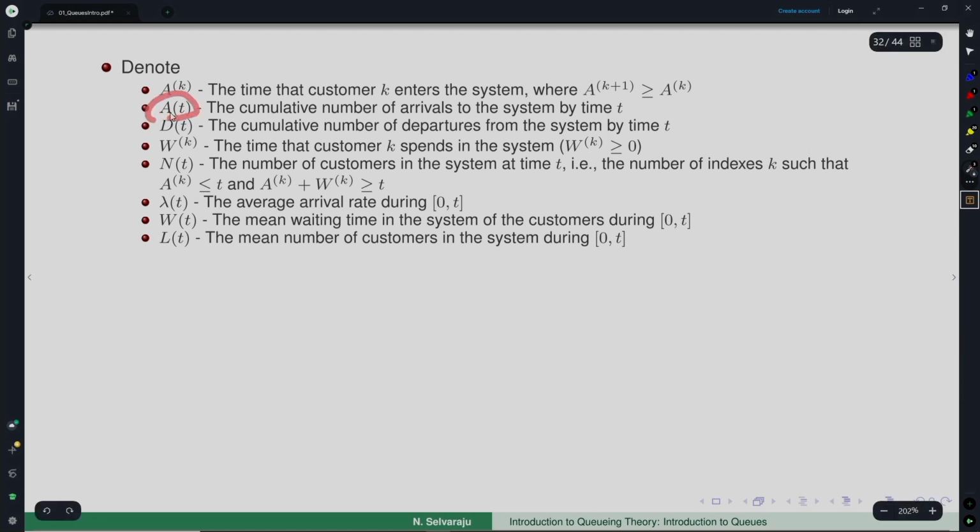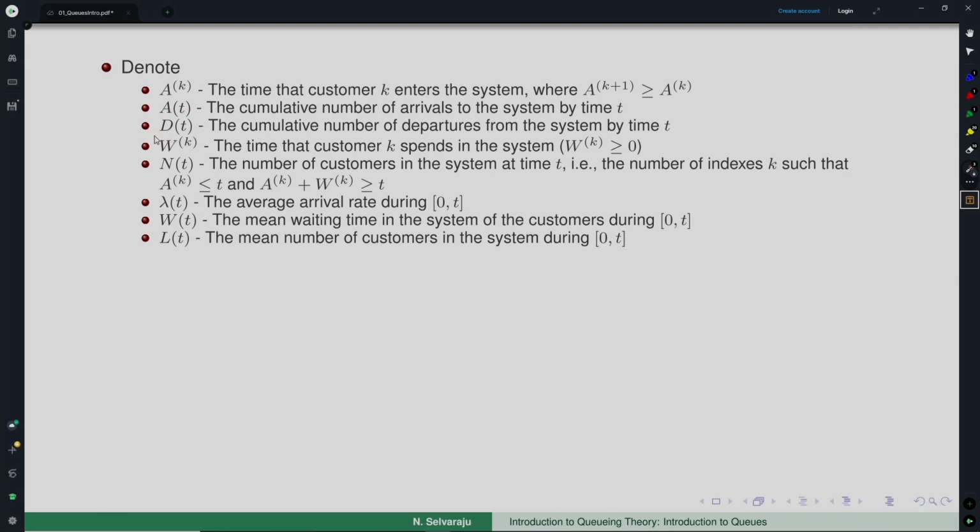Now, A of t is the cumulative number of arrivals to the system by time t. So, suppose you are starting at time 0. In an interval of length 0 to t, how many arrivals have happened to the system is what A of t is. And D of t is the cumulative number of departures from the system by time t.